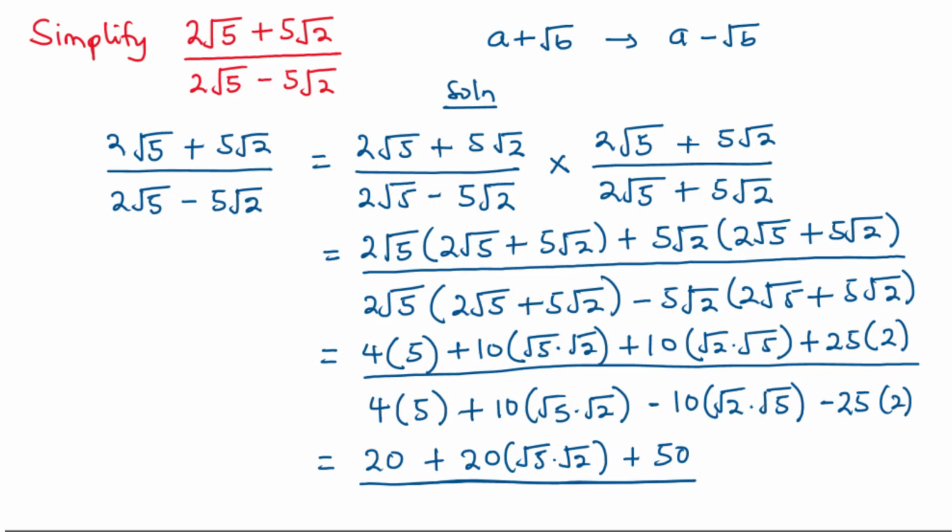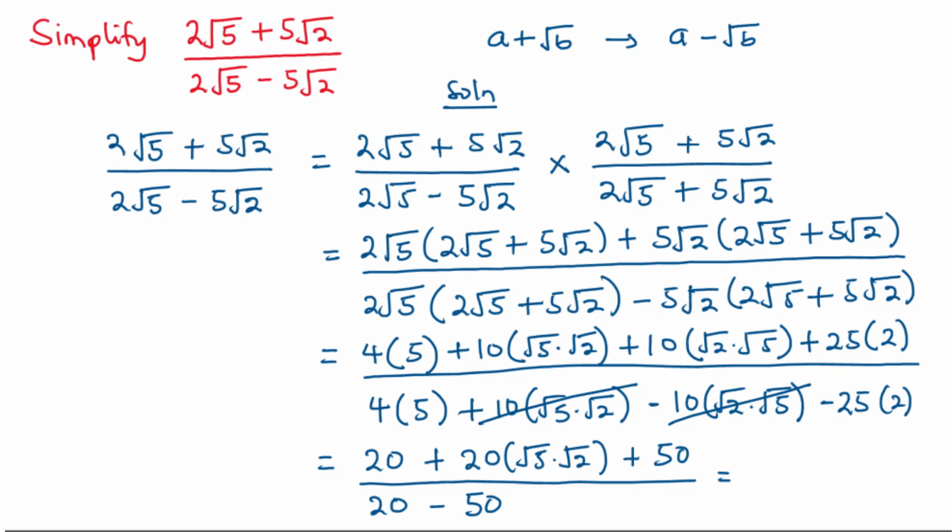All divided by 4 times 5 is also 20. We have 10 root 5 root 2 minus 10 root 2 root 5. So we can cancel those terms and we'll be left with minus 50, because negative 25 times 2 is negative 50.